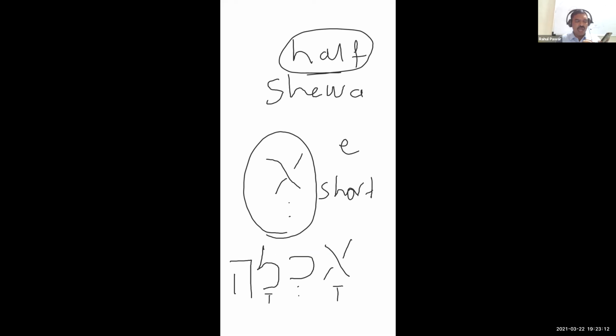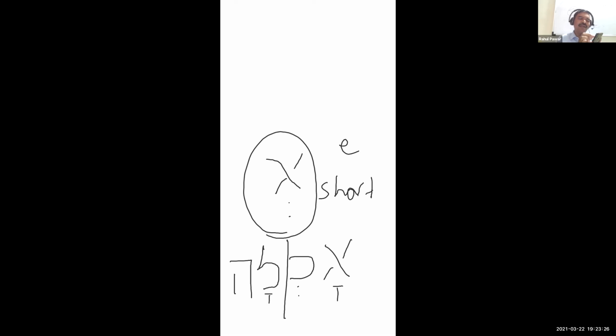So this is Okla. In this situation, because the syllable is closing, the Shiva must be silent. But if we see God creating the earth, in the very beginning word, the word starts with the Bet and there is Shiva.